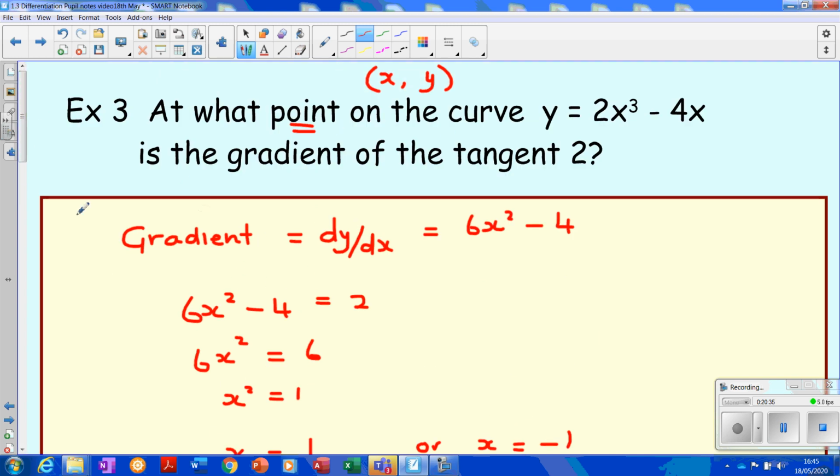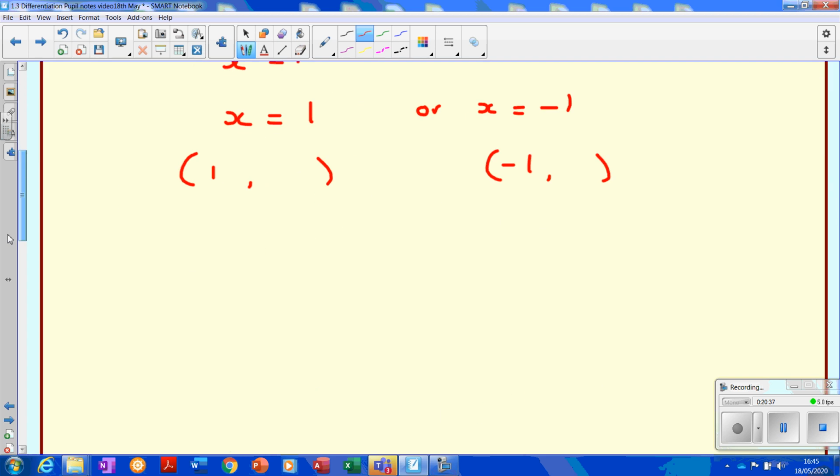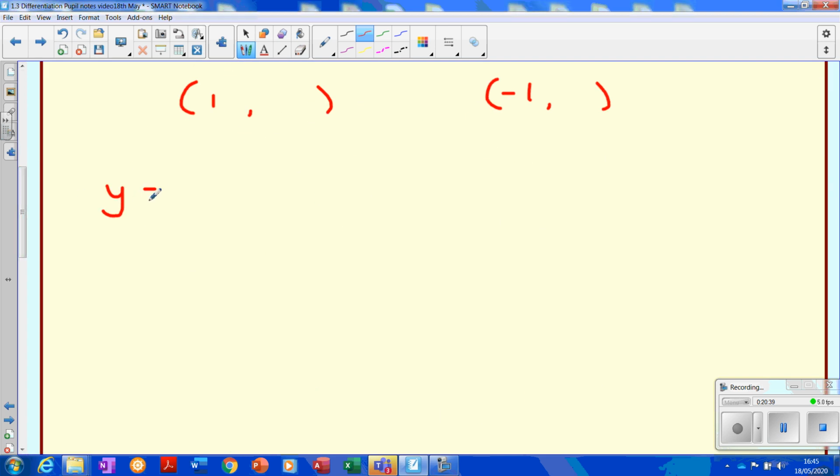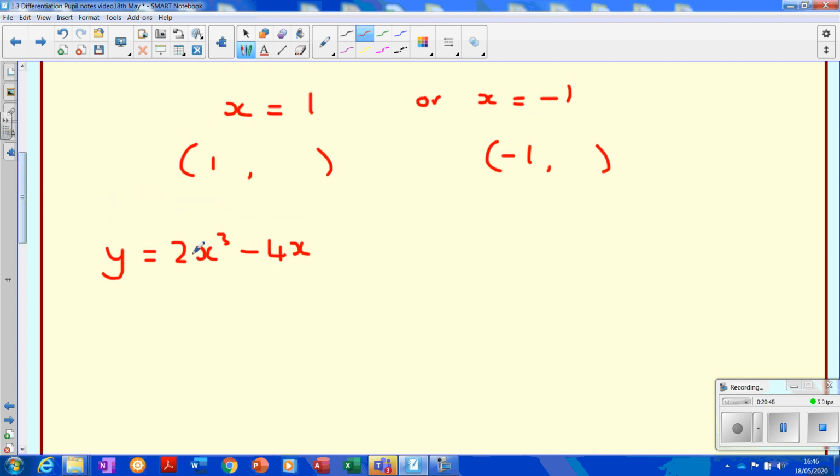So what do we know about y? So y was equal to 2x cubed minus 4x. So when x is 1, then that's going to be 2 times 1 to the power of 3 minus 4 times 1, which is 2 minus 4, which is minus 2. So that's one of the points.